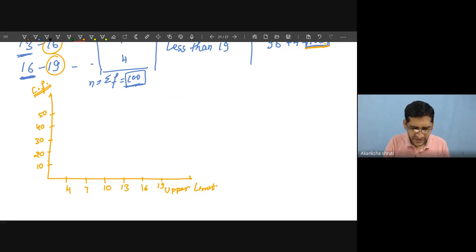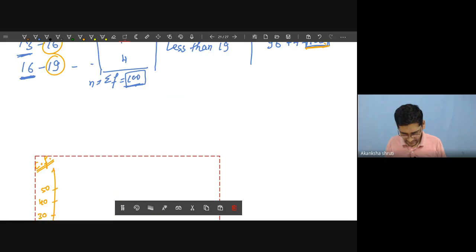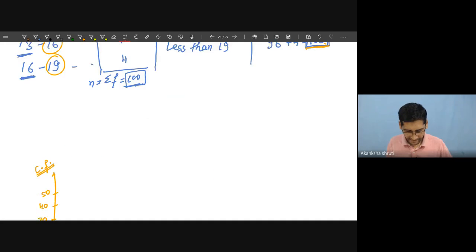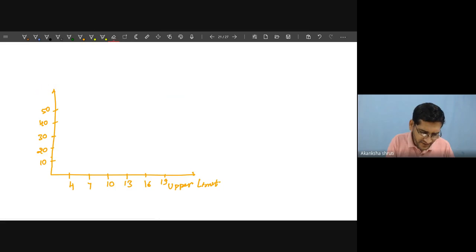Okay, let us adjust it, so that up to 100 we can place on this vertical axis.